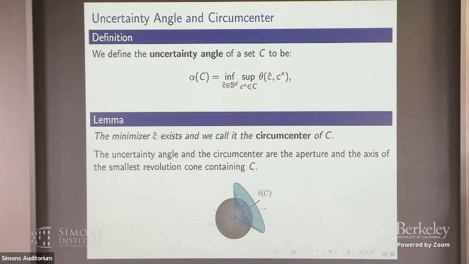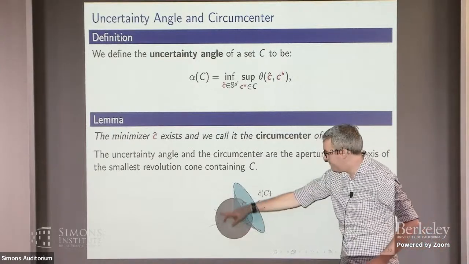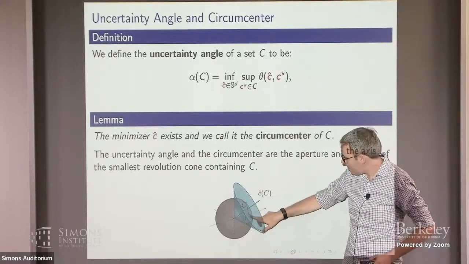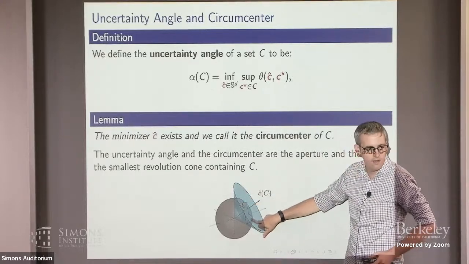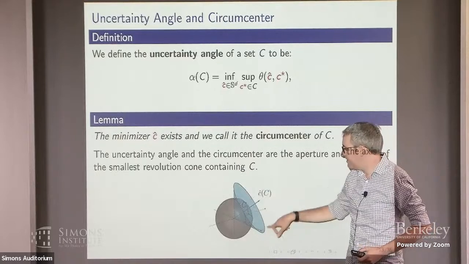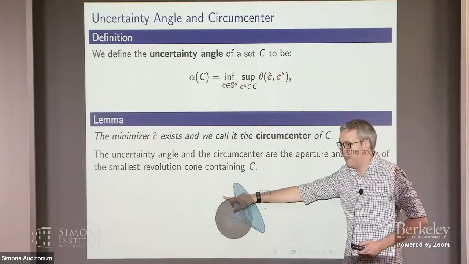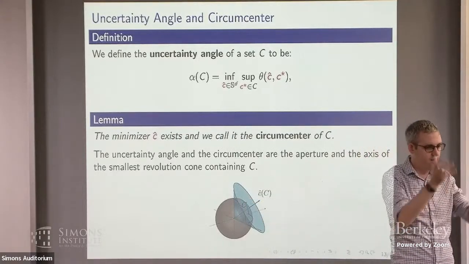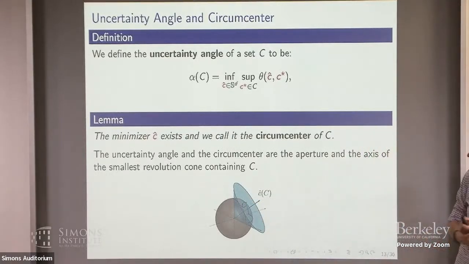And it's pretty intuitive to understand what this means when you think of it geometrically. So imagine you have a set of costs, and I said the costs live on the surface of a ball. So the set of costs, let's say it's here. What I want to do is fit the smallest cone I can around the set, the smallest revolution cone, the smallest second order cone I can fit around the set.